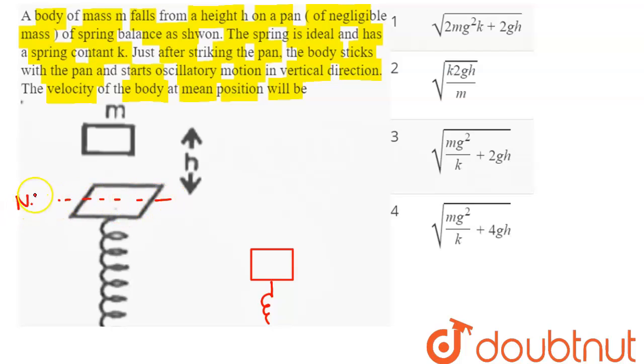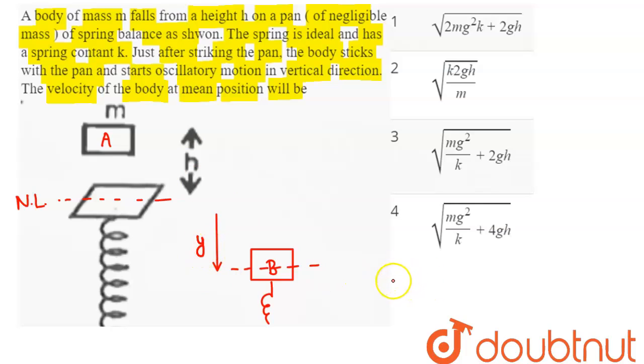Applying mechanical energy conservation for the system at position A and position B, where maximum compression is, let's say, y from the natural length.